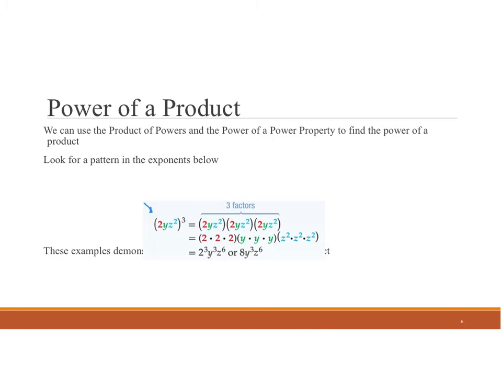So that means I'm multiplying 2 by itself 3 times, y by itself 3 times, and z squared by itself 3 times, which you can see illustrated over here. So I have 3 2's, 3 y's, and 3 z squares. In which case, you get 2 cubed, y cubed, and then z to the 6th.